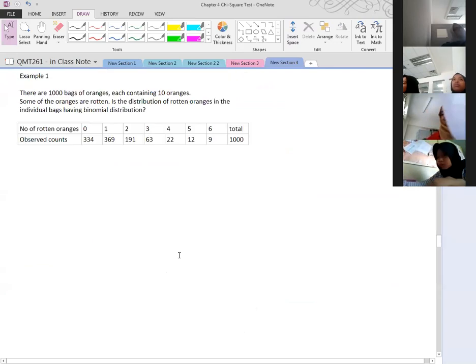So example number 1: there are 1,000 bags of orange, each bag contains 10 oranges, right? Some of the oranges are rotten, and is the distribution of rotten oranges in the individual bags a binomial distribution?